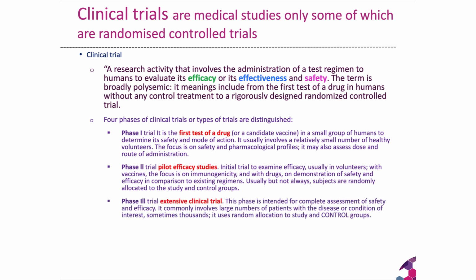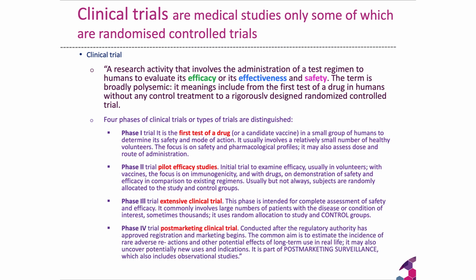Phase 3 trials are the start of extensive clinical trials. It's at this phase that you tend to have randomization and a control group and an intervention group. It will also involve a large number of volunteers and participants.